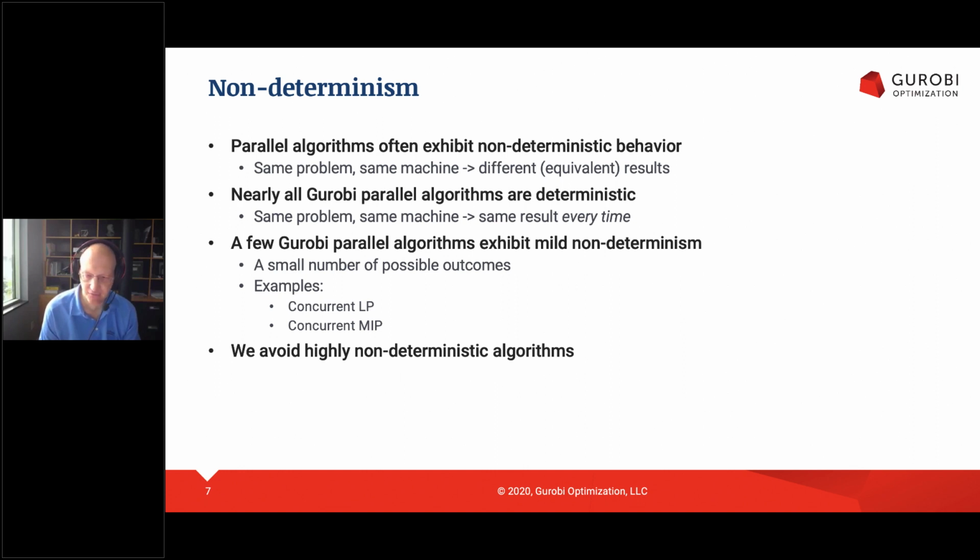In the other case, the other will finish slightly ahead, and you'll report that answer. But if you're running three different algorithms, there are only three possible outcomes. So the non-determinism is quite mild there. A few of our concurrent algorithms have this mild non-determinism. But in general, we've just decided to avoid non-deterministic algorithms. Anything that's highly non-deterministic, we just don't include in the product.